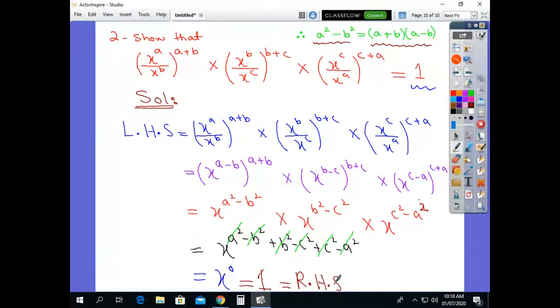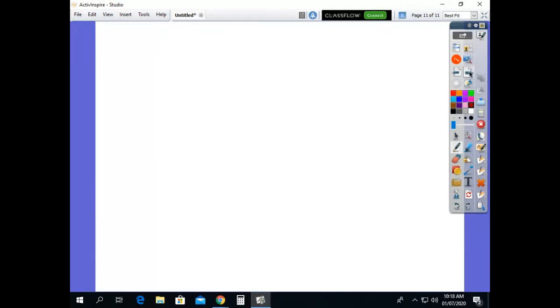The next question of exercise 2.4, question number 3, part number 1. Simplify. Here we also simplify the given expression.